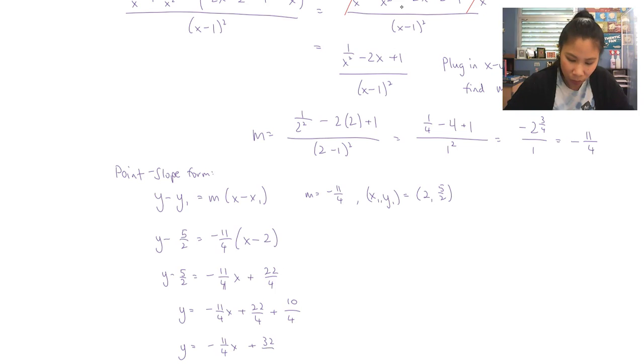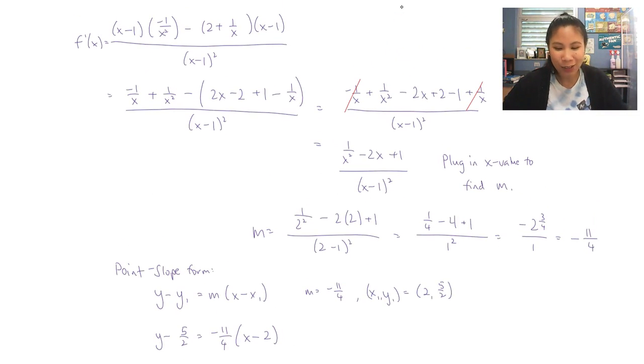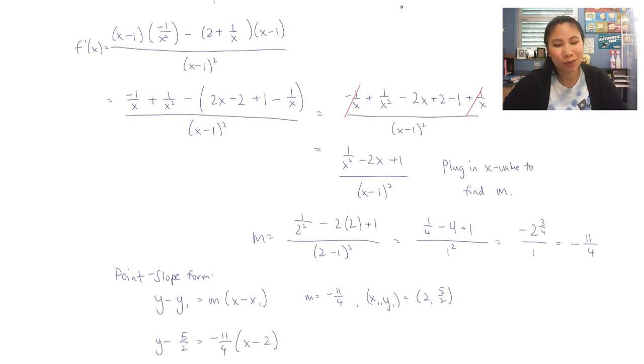It's going to be 32 over 4, but then I got to reduce. Negative 11 over 4x plus 16. Oh, no, that's just 8. There we go. So that's the equation of the tangent line. See, a little bit longer of a process just because the derivative was more work to find, but the rest of it was the same. Once we have the slope and the point, we just plug it back in.